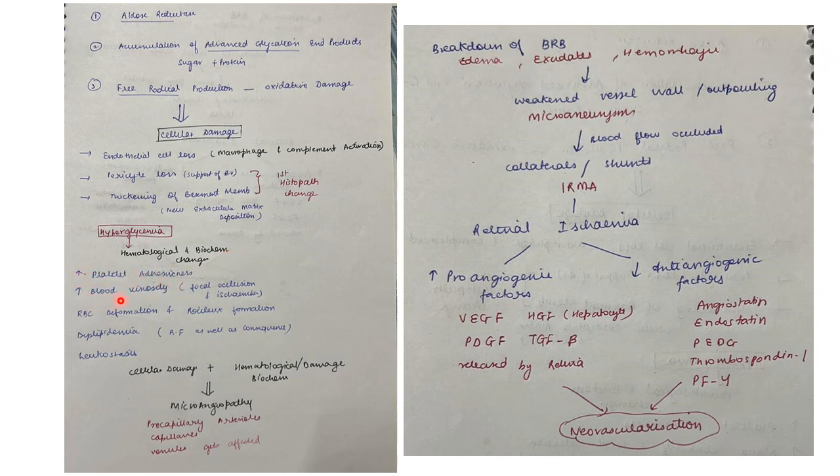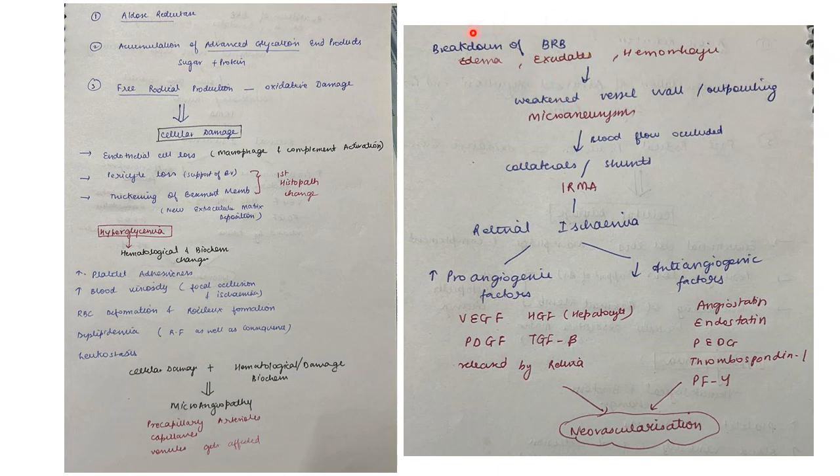Increased platelet adhesion, increased blood viscosity, the Virchow's triad, as I mentioned, leukostasis. So cellular damage in combination with these hematological and biochemical changes together leads to microangiopathy or blood retinal barrier dysfunction, usually affecting the precapillary arterioles, capillaries, and venules, which are collectively known as the smaller blood vessels.